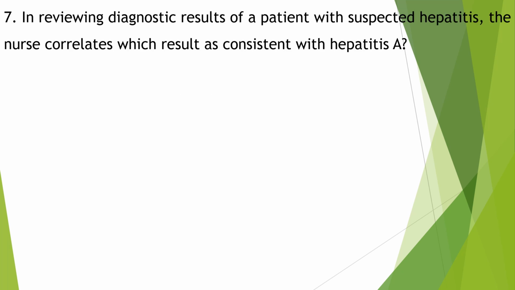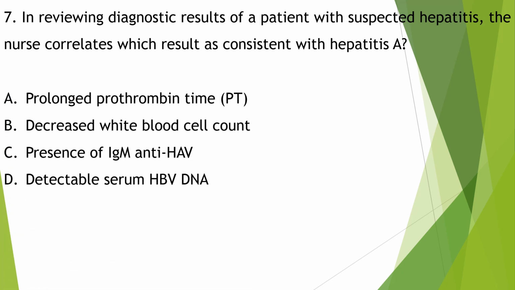In reviewing diagnostic results of a patient with suspected hepatitis, the nurse correlates which result as consistent with hepatitis A: prolonged prothrombin time, decreased WBC count, presence of IgM anti-hepatitis A virus, detectable serum hepatitis B virus DNA.